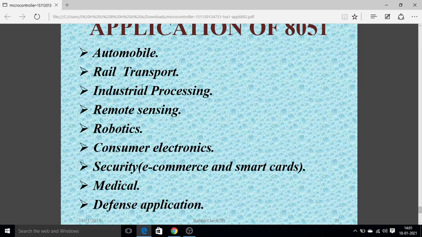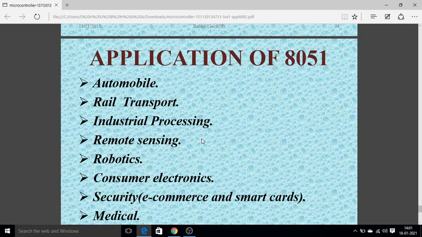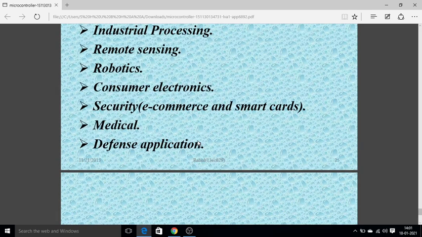In rail transport, for signal communication, we can use microcontrollers to give automatic signals by setting the timings. Industrial processing, remote sensing, robotics, and consumer electronics like microwaves also use microcontrollers. Based on the 8051 microcontroller we have many more applications.